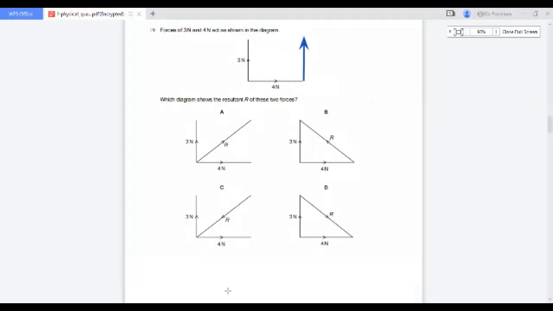Now approximately the resultant vector would be in this direction, like this.